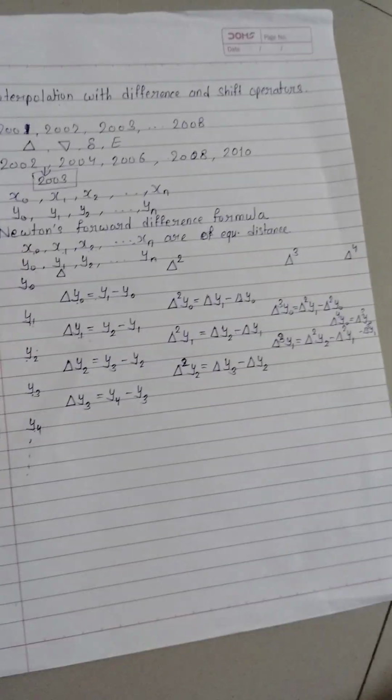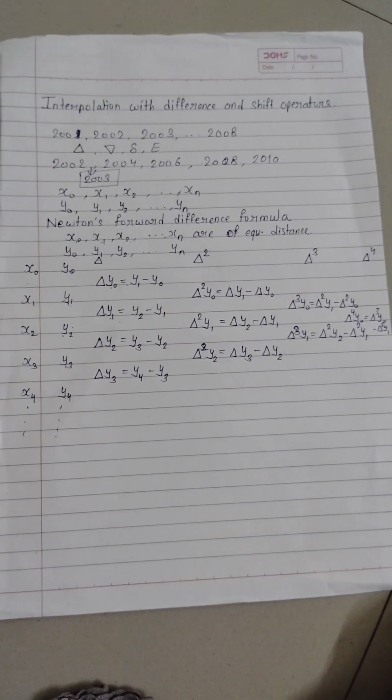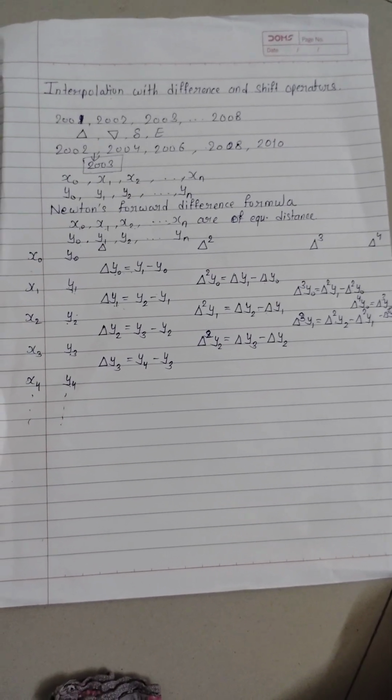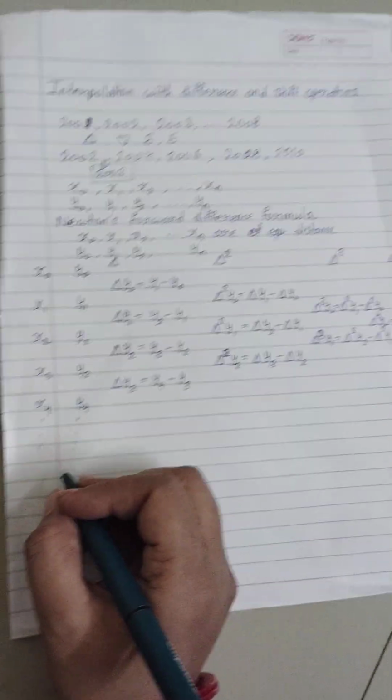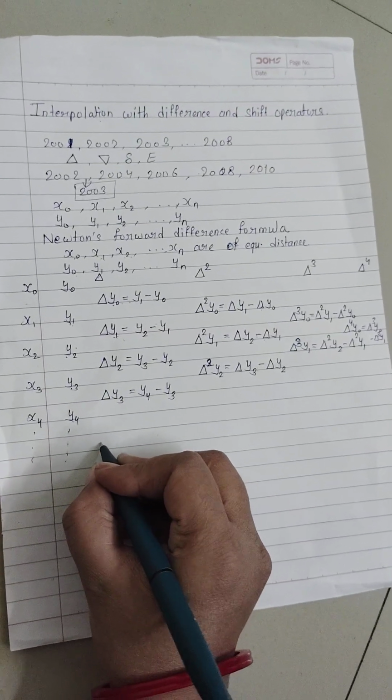In this way we will make the table, and this table we call a forward difference table. After that we have the formula to find the interpolation, that is our function y.